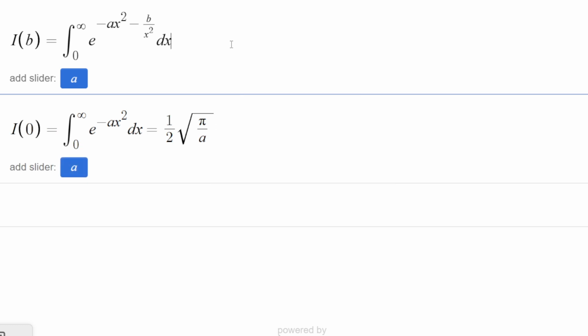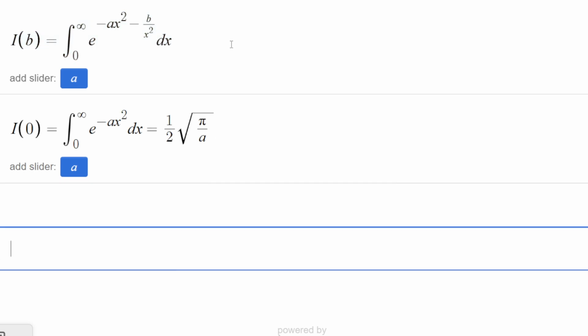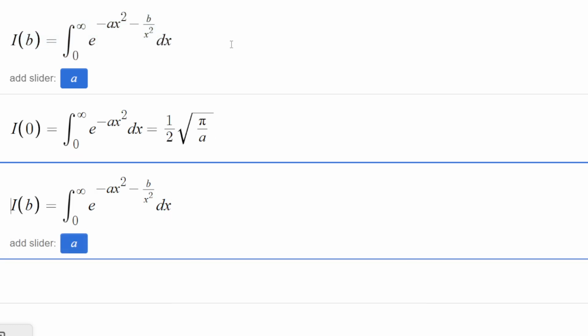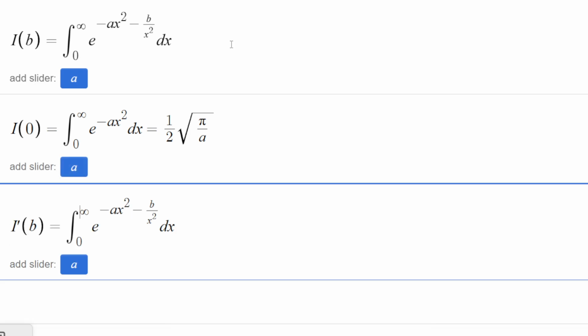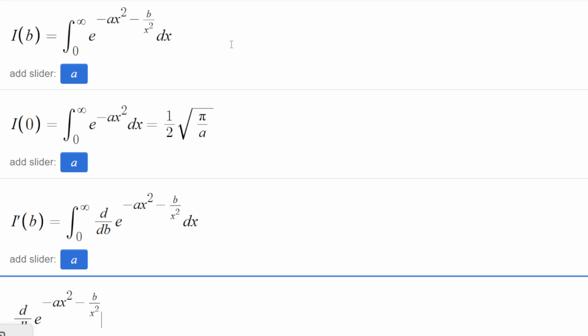Okay, now let's take a derivative with respect to b. So I prime of b is equal to the derivative with respect to b of our original integral. Now the Leibniz rule for differentiation under the integral sign says that we can bring this directly inside the integral. All right, and now let's evaluate our partial derivative right here.